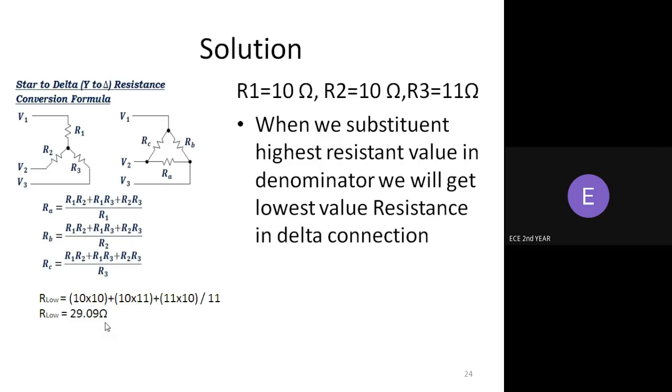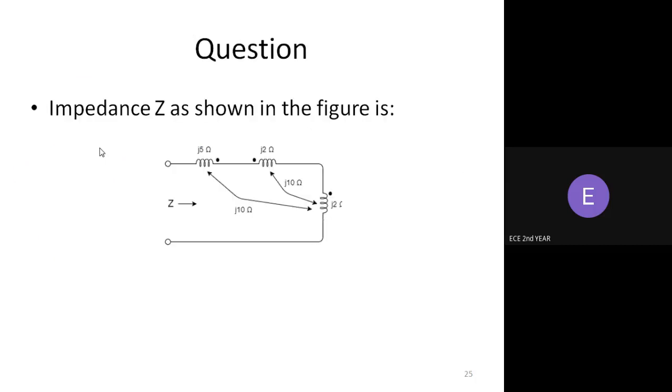So this is the lowest value of resistance from the resultant delta connection.